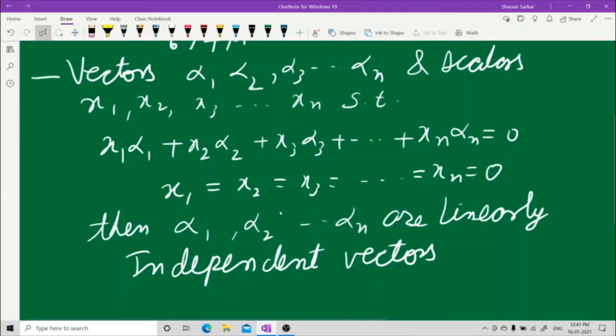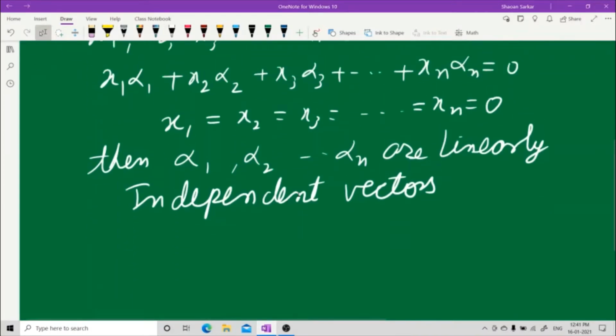Now what would be the definition of linear dependence?